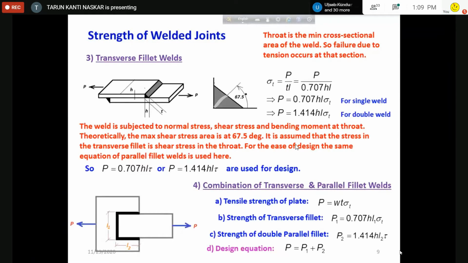So it was discussed up to this, that is, there is a combination of transverse and parallel fillet welds.